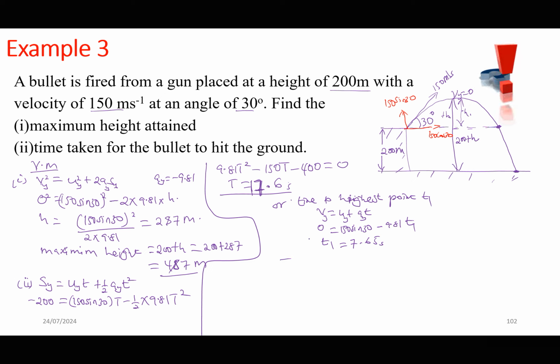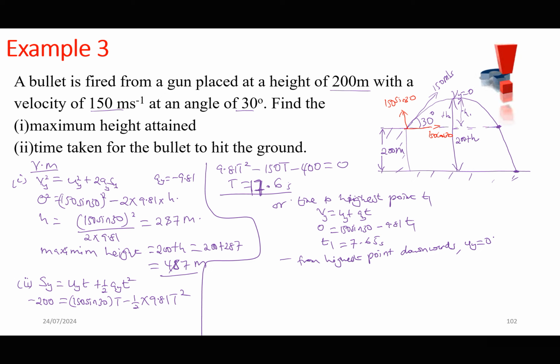Then I'm going to now consider motion independent, starting from the highest point, so from the highest point downwards. So it means initial velocity in the vertical this time is going to be 0 if we start from the highest point where velocity is 0 in the vertical.